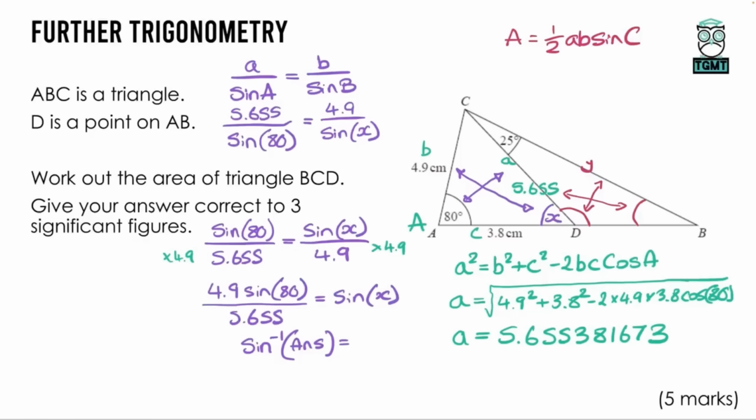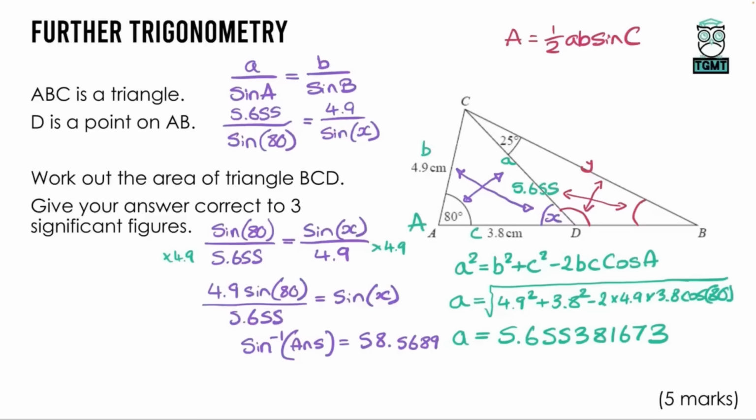I'm going to do sine minus 1 of my answer, and I do get 58.5689, a few more. I'm not going to round it, I'm just going to keep it as 58.5689. I'm just going to leave it there. It's a 4 afterwards, so technically I am rounding it, but that's going to be enough decimal places there, or significant figures as well.